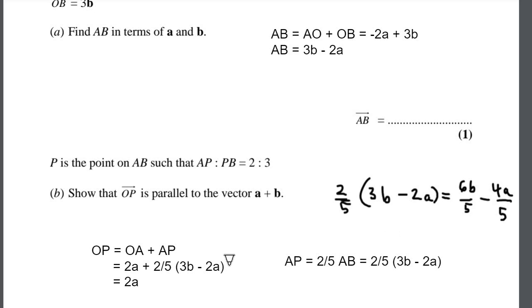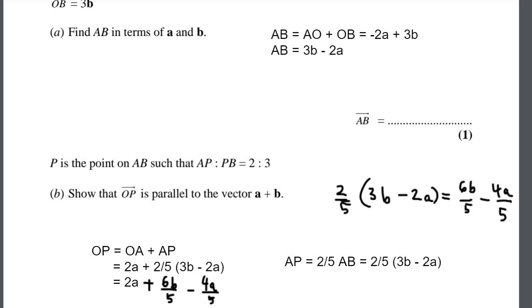Next, let's write that down: 6b over 5, take away 4a over 5.